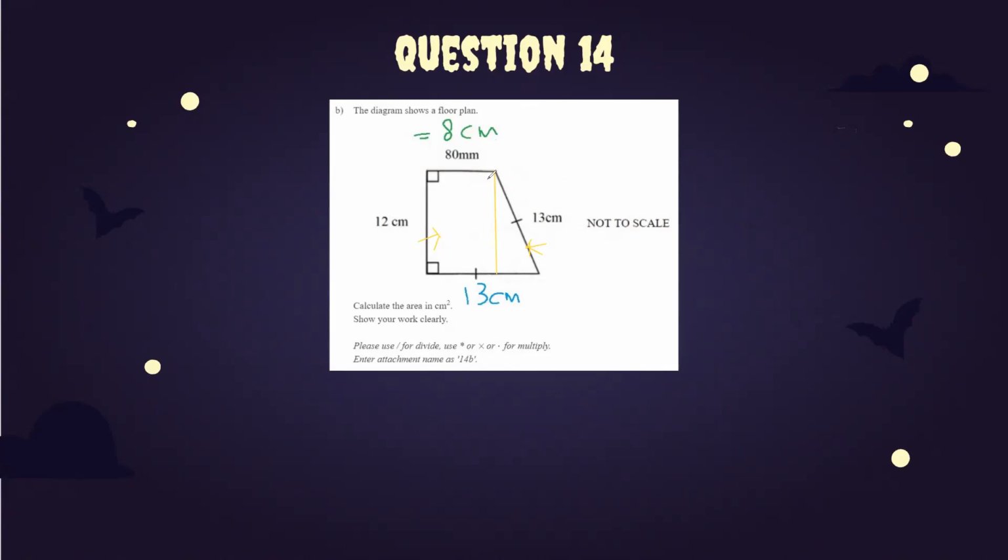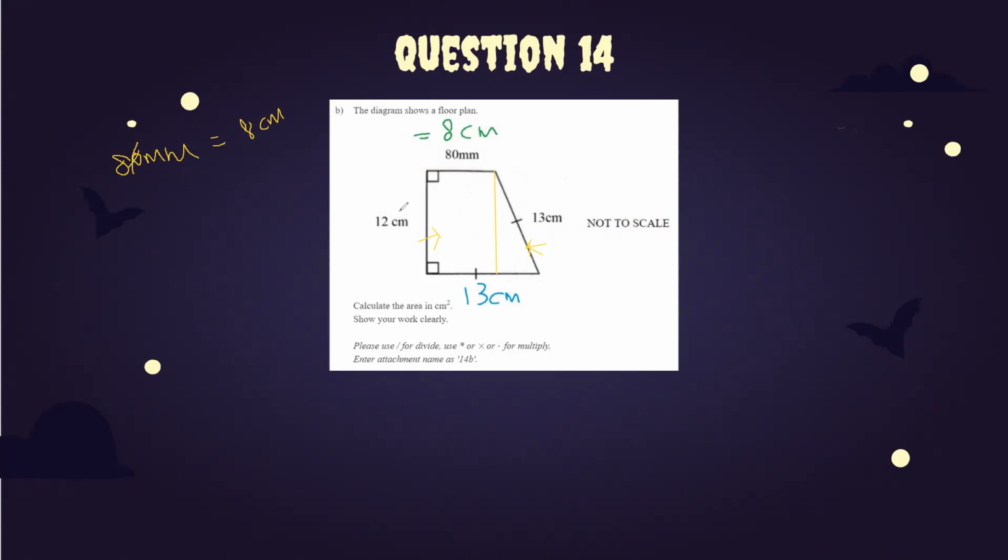For this part, because it wants our answer to be in cm, first we need to find the cm for 80 mm. So 80 mm equals 8 cm because for mm to cm you need to divide by 10, so it becomes 8 cm.